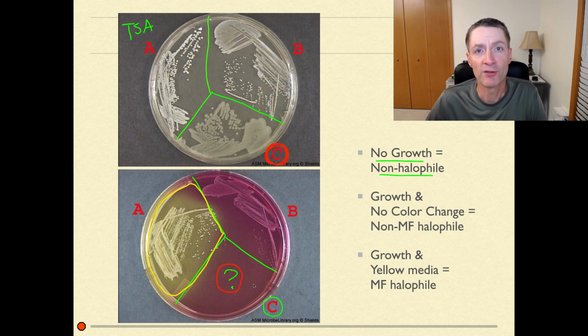We didn't give it a chance, did we? The salt killed it. So we cannot pass judgment on a non-halophile within the mannitol salt agar. We can't say for sure that this organism C is unable to break down mannitol. That's just one thing this plate can't give us. It can't tell us whether it can do that or not.